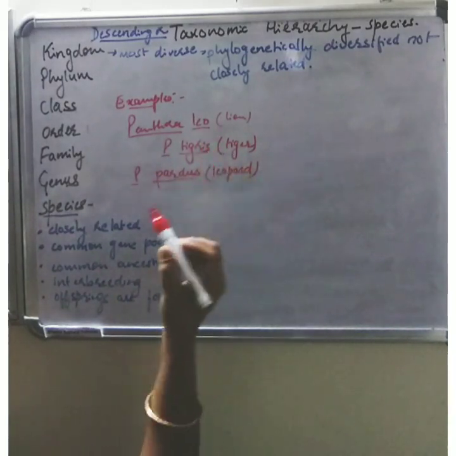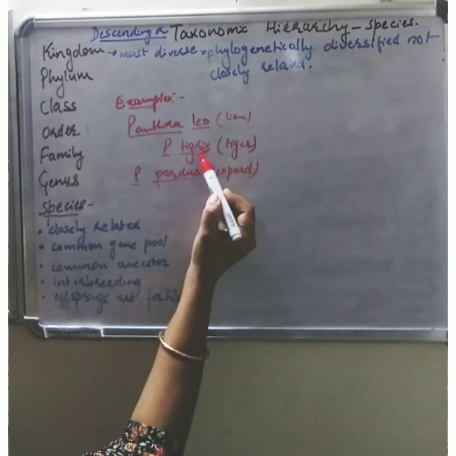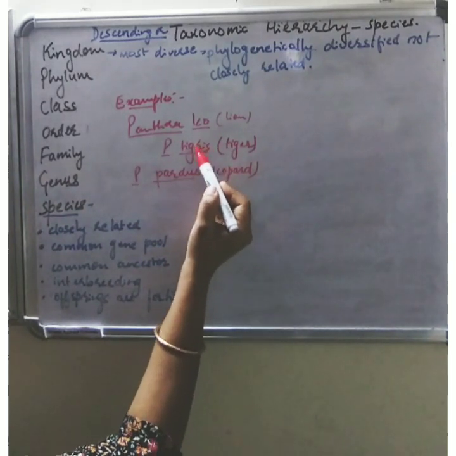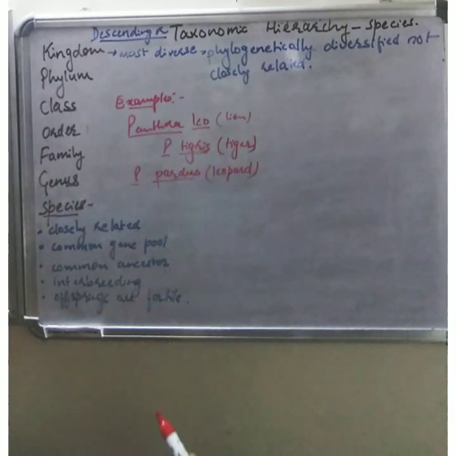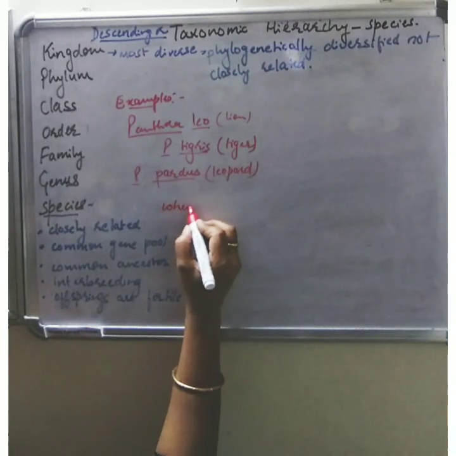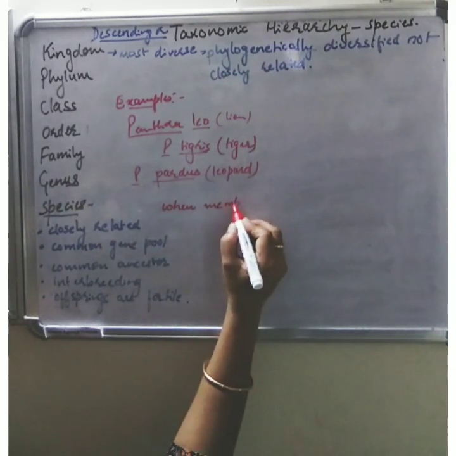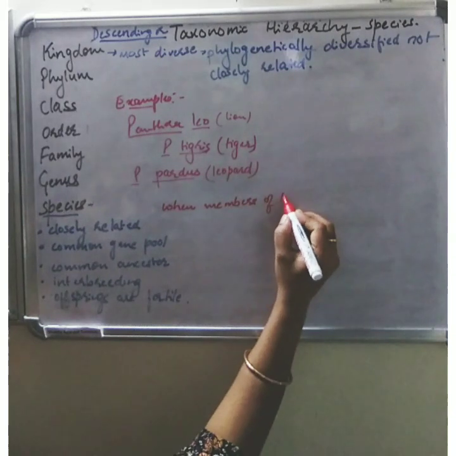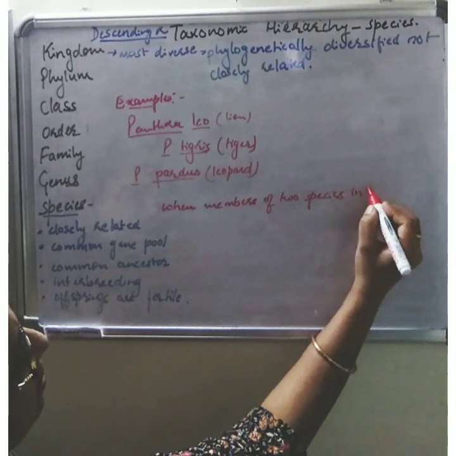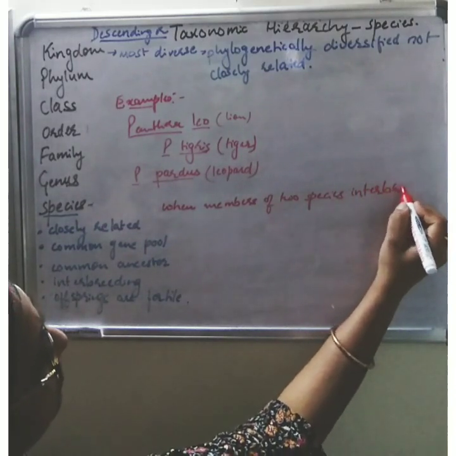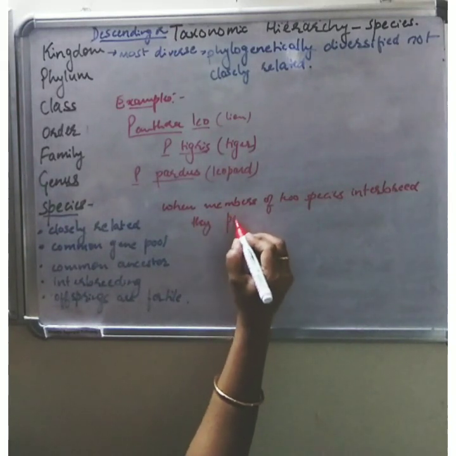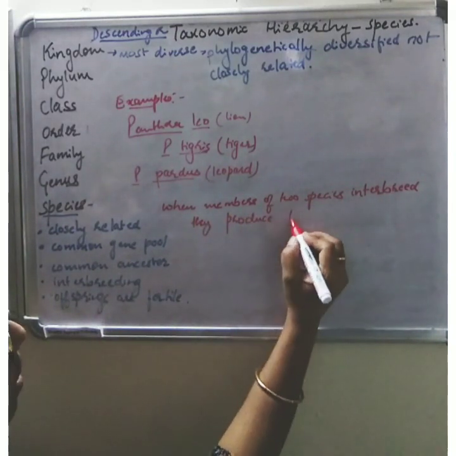Sometimes the members of two species, like the leo and the tigris, can also breed amongst each other. So when members of two species interbreed, they produce a hybrid.